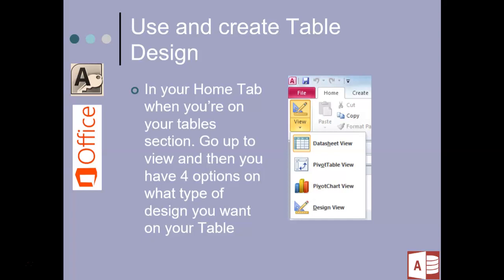But normally when people design their database with primary keys, they go to Design View and make their names, numbers, short text, address, whatever it is. Design View is the most popular of all. Datasheet View is just to go back to your table. PivotTable is to design a special kind of table, and PivotChart is to design a chart. So that's how to create your table, and then you move on to the next slide.